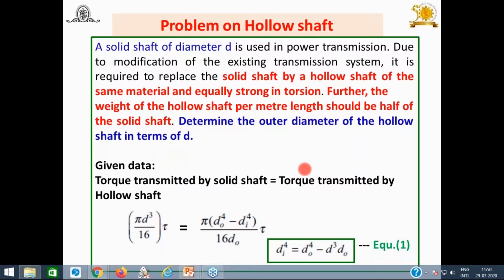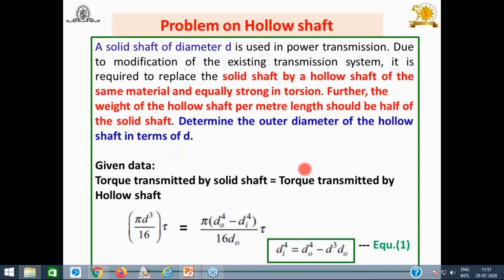A solid shaft of diameter small d is used in power transmission. Due to modification of the existing transmission system, it is required to replace the solid shaft by a hollow shaft of the same material and equally strong in torsion.